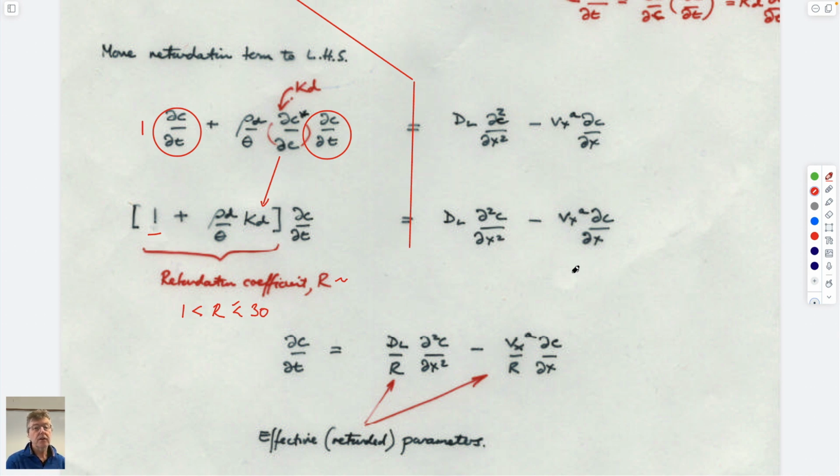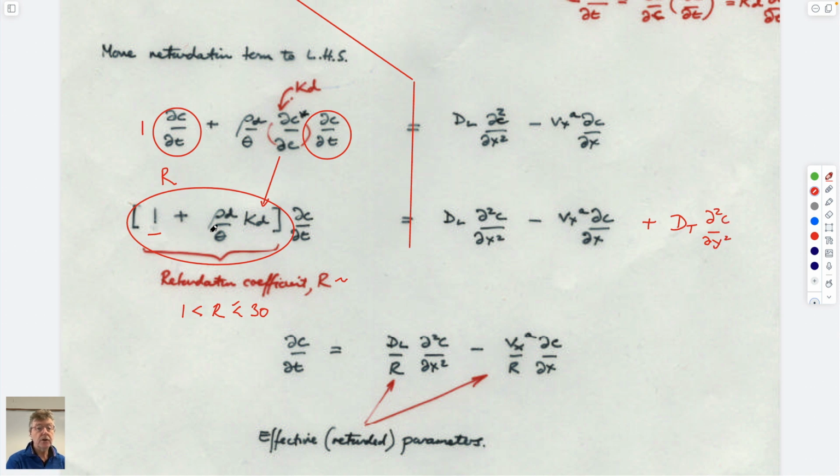And so we can write our expression in terms of this. So I guess our advection dispersion equation would be, this term here is just R multiplied by this, which you've seen before. And I guess it might also have the transverse dispersion term, if we wanted to include that.